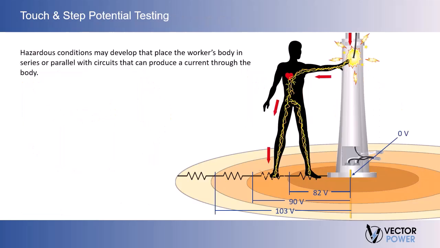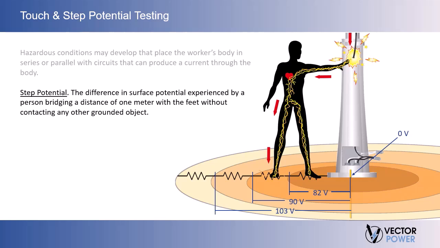Now let's talk a little bit about touch and step potential testing. Hazardous conditions may develop that place the worker's body in series or parallel with circuits that can produce a current through the body. Step potential. This is the difference in surface potential experienced by a person bridging a distance of 1 meter with the feet without contacting any other grounded object.